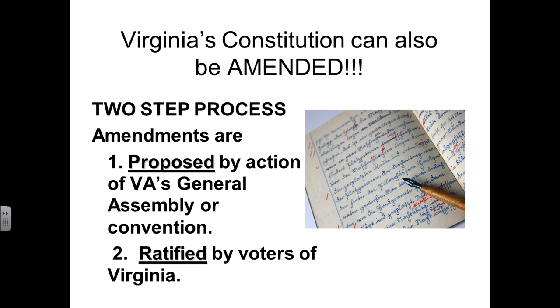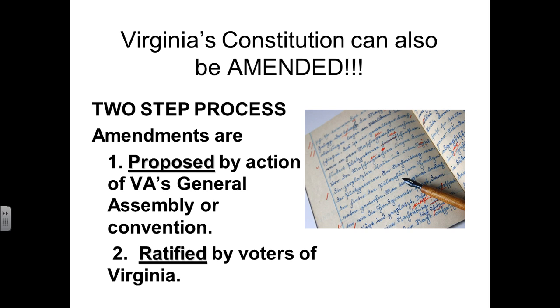It is a 2-step process, and amendments are proposed by action of Virginia's General Assembly or by convention, and it's ratified by the voters of Virginia. So the General Assembly is Virginia's legislative branch, and they're the ones that propose it after they get an idea from somebody who's seen a problem.